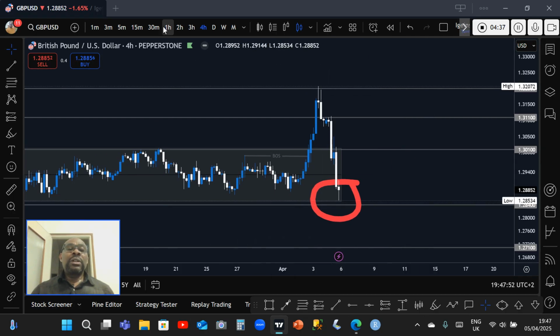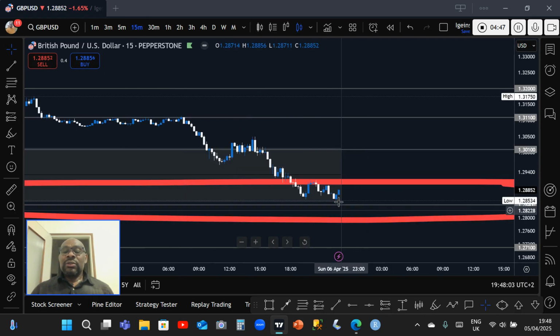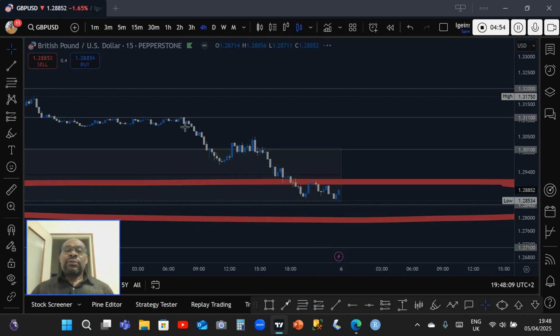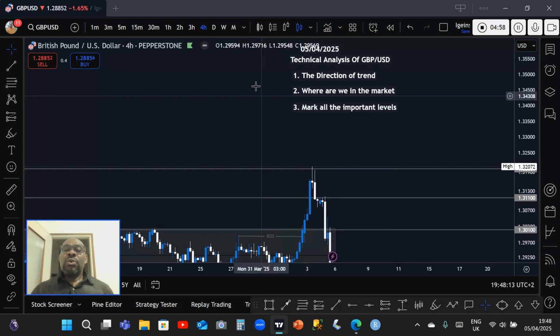For you to see it more clearly, you can see that at this point the buyers have already stepped in. If you scale down again to 15 minutes, you can see that buyers have stepped in. So let's move to 4 hours again. At this point, we now know where we are in the market.